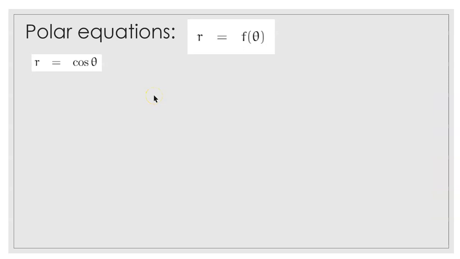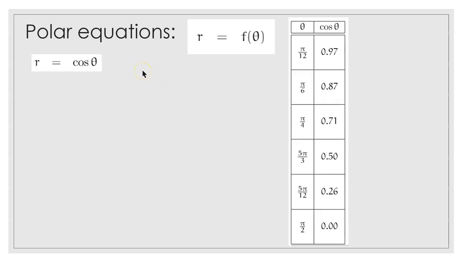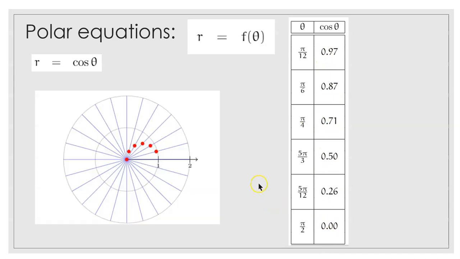Just like when you first started graphing, way back when we started plotting points, we're going to plot points here. This is basically every 15 degrees, and it's only in the first quadrant. Here's the cosine of those values, and I'm going to plot the points. Now, this is only plotting the first quadrant.